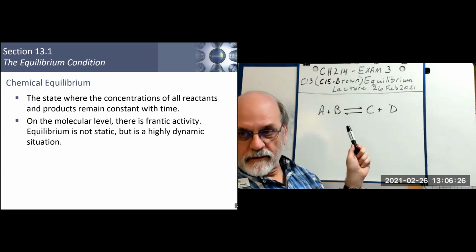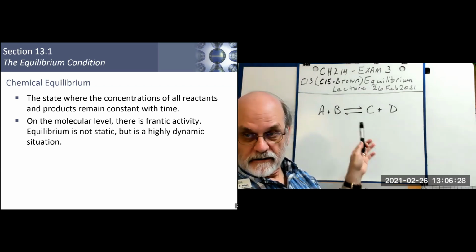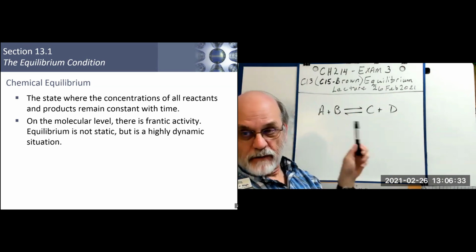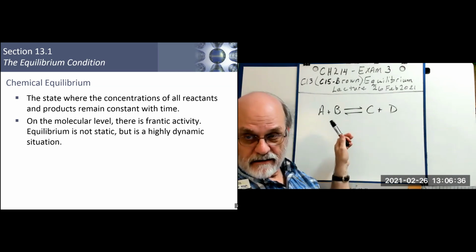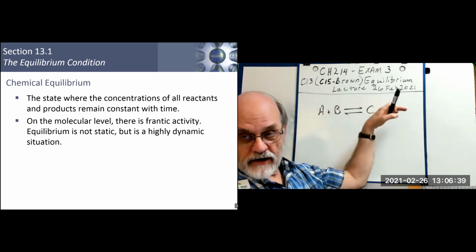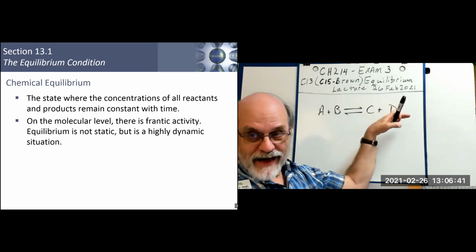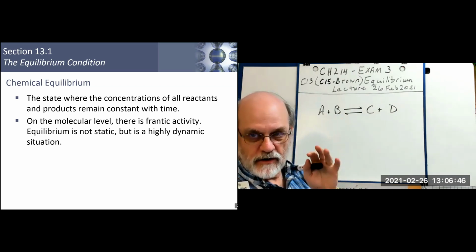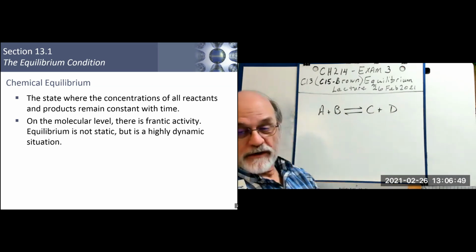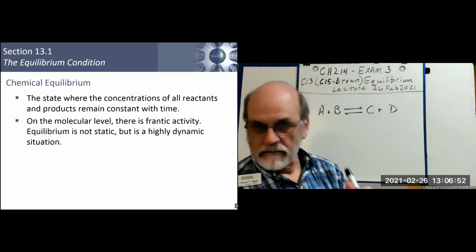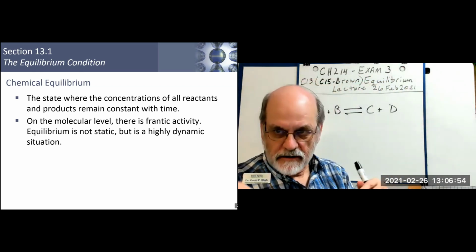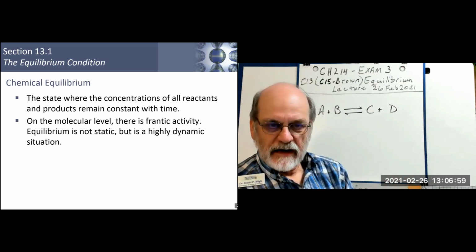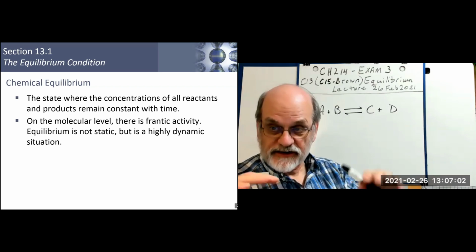And equilibrium is an expression of a balance between the forward and the reverse reaction. And by that I mean the speed at which the forward reaction occurs is balanced and equal to the speed of the reverse reaction. When that happens, you have equilibrium. And what that means in the macroscopic world, in what we can see, observe, and measure, it appears as if the reaction is static.